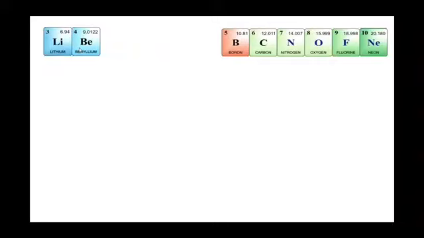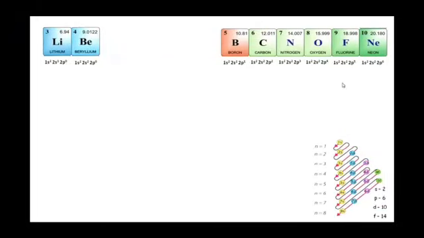Now, let's take the second period. In the second period, we have lithium, beryllium, boron, carbon, nitrogen, oxygen, fluorine and neon. Let's see the electronic configuration.